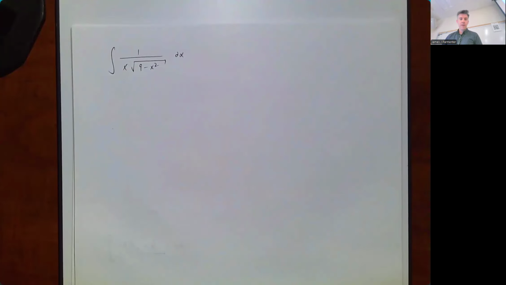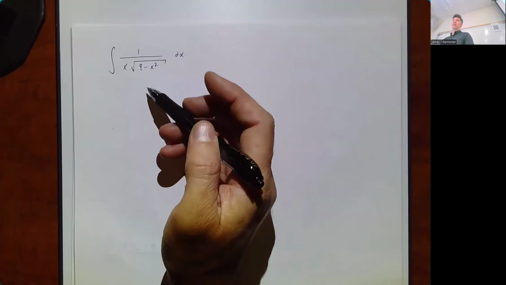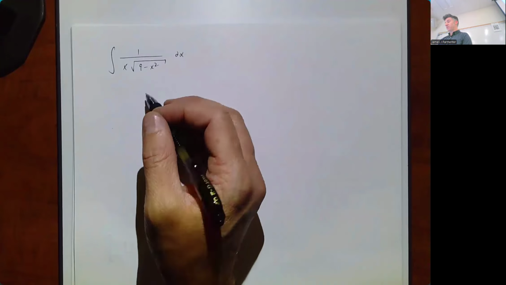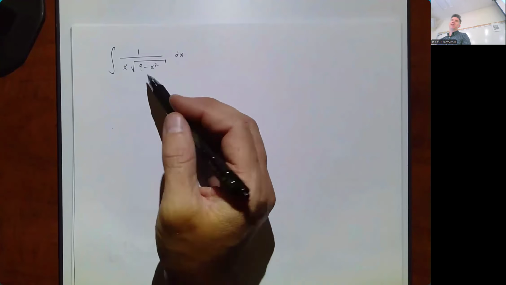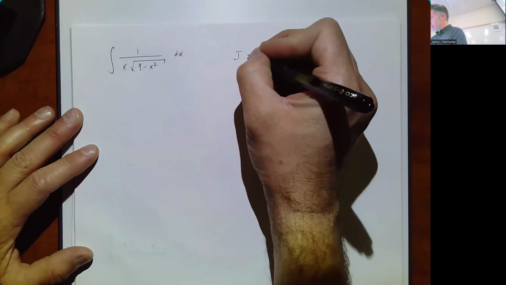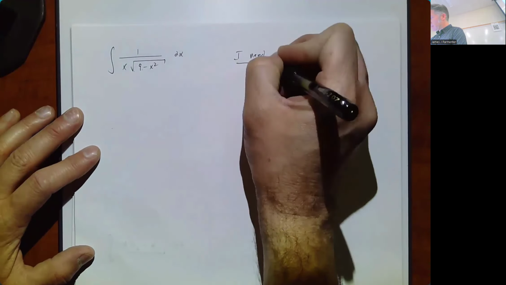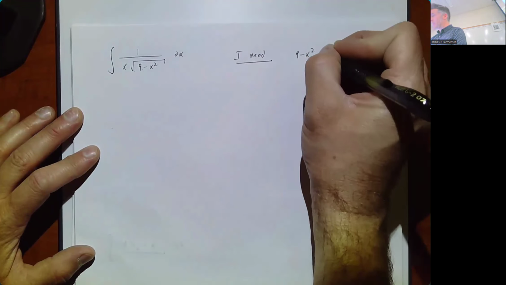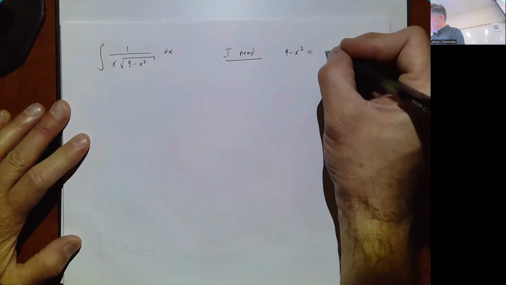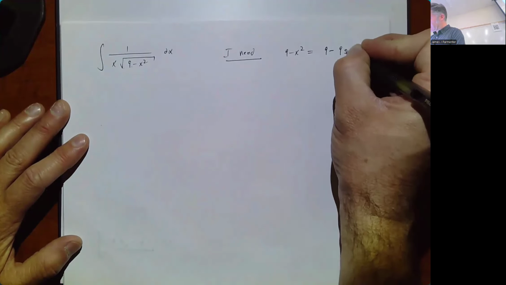So the idea is that we want the inside of the square root to come out to be a trig identity. Since it's a minus x squared, I know it's going to be a sine, but it's not just going to be x equal to sine of theta. If x was sine, 9 minus sine squared isn't a trig identity. So what I need is 9 minus x squared to end up equaling 9 times my trig identity. I need that to be 9 minus 9 times sine squared.